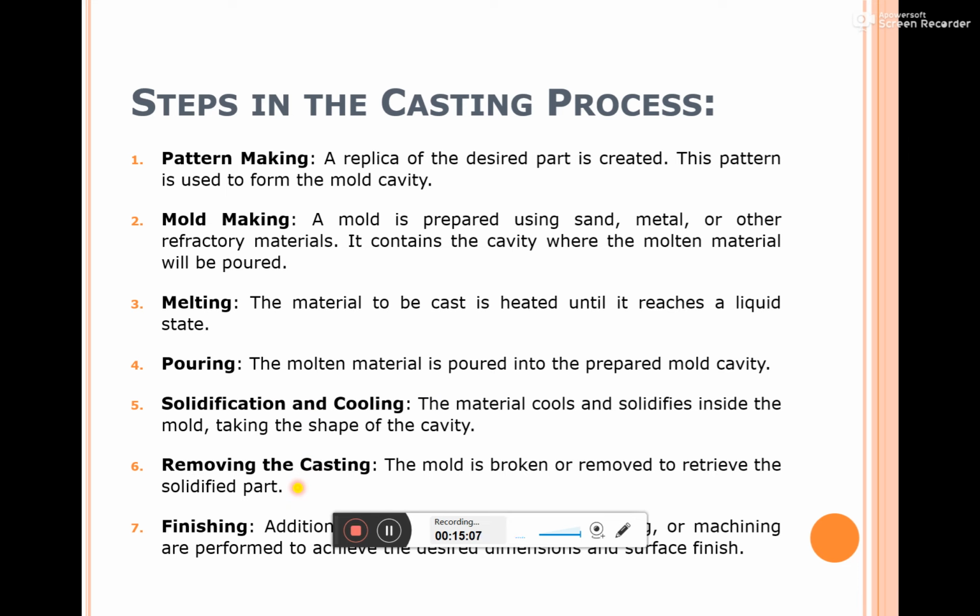And after that, if required, we'll perform some machining activities like turning, milling or grinding to get a good surface finish. That is how we can produce an item or product by using the casting process. Hope all of you understand about this particular process.